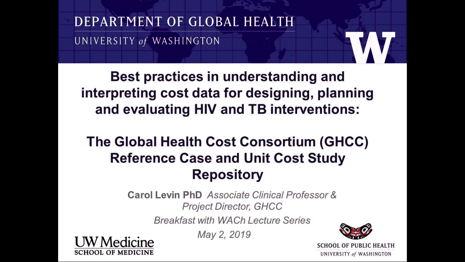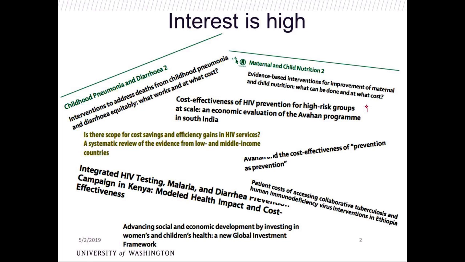So that's where we're going today. Some of you know some of this, and it's really about resources. I'm not sharing any research per se, but rather a resource for all of you who are interested in incorporating costing into your work or need costs for cost-effectiveness analysis. King and Grace know this: we were all fortunate to work on the Disease Control Priorities Project when I first came here.